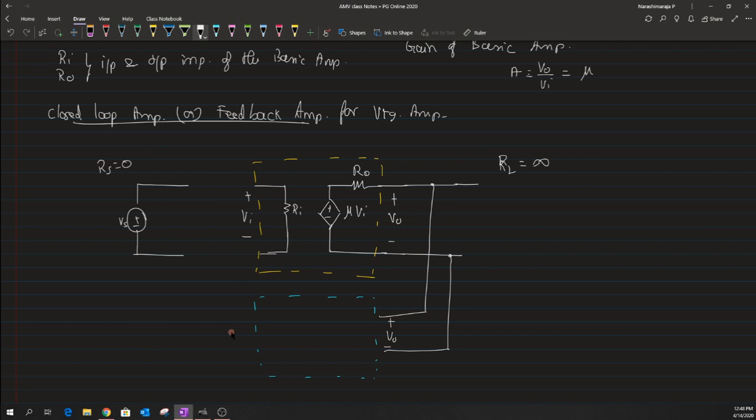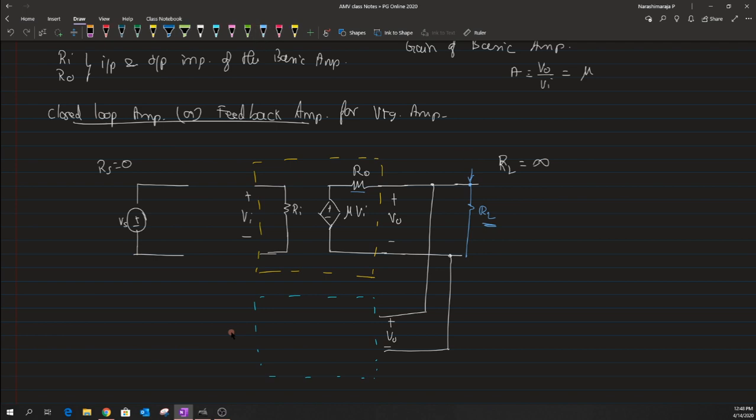Clearly, if there is a finite amount of resistance RL, then the R naught in combination with this RL will create a voltage drop across this particular point. So the value that I would get at this node will not be equal to V naught, but rather a voltage division rule has to be applied in order to measure that particular voltage.